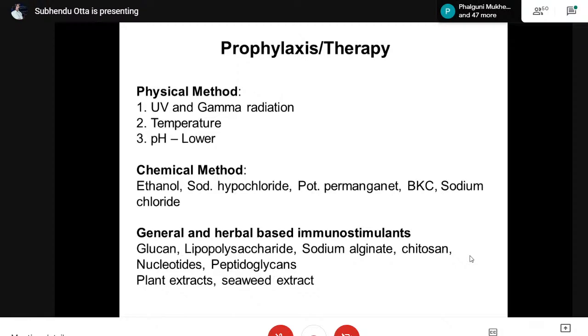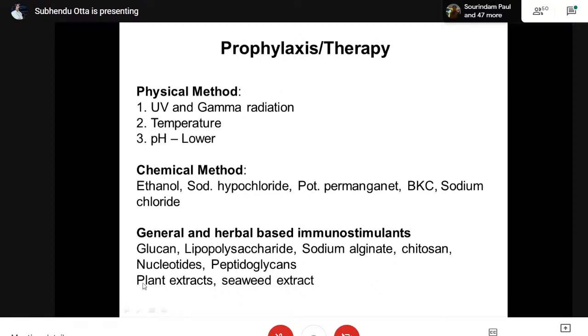immunostimulants. As you know, shrimp generally have a non-specific immune system. So to stimulate the immune system and keep them healthy, so that they will be able to protect themselves against the pathogens, particularly glucans, lipopolysaccharides, sodium alginate, chitosans, many of the nucleotides, and peptidoglycans have been used to stimulate the immune system of shrimp and get a certain degree of protection.